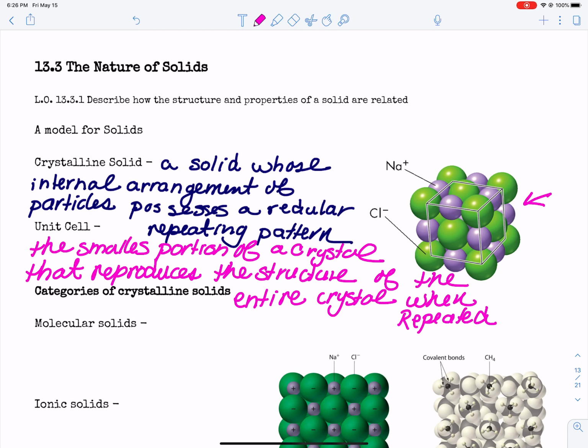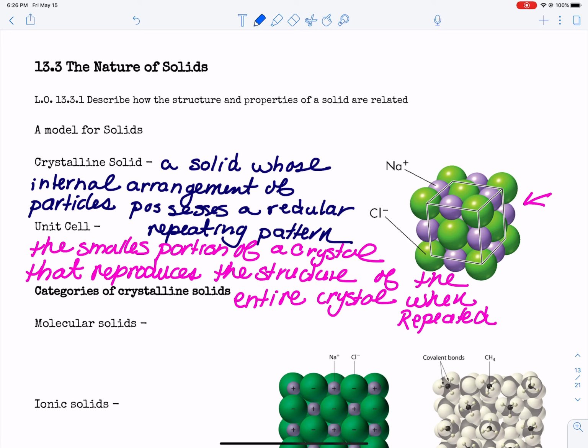And there are many different types of unit cells that if you take a chemistry course in college, you would have to learn all the different types of them. But for right now, we just call it a unit cell, and that is the smallest pattern.